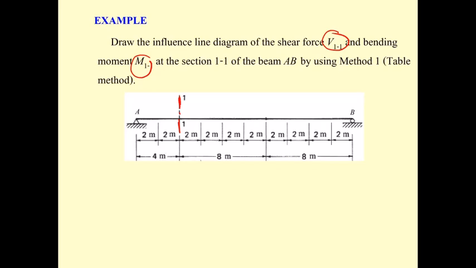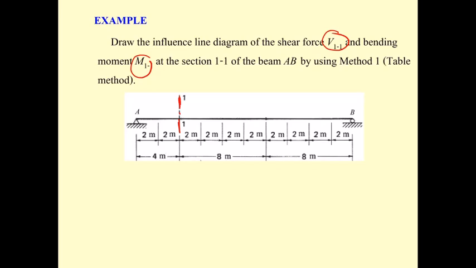Okay, we use the free body diagram, determine the shear and the moment, and then we move the force, draw the free body diagram, and determine shear and moment by using the equation of equilibrium.